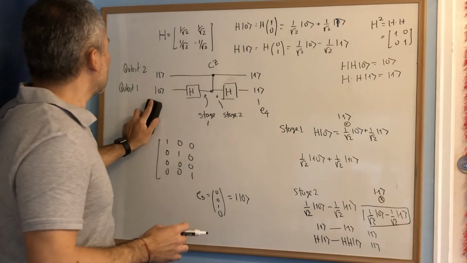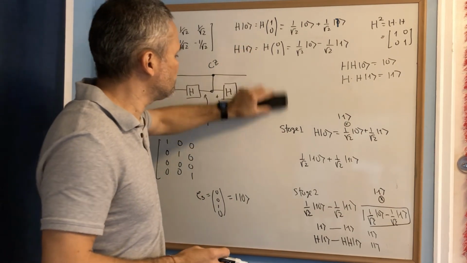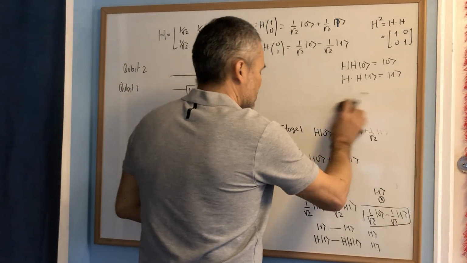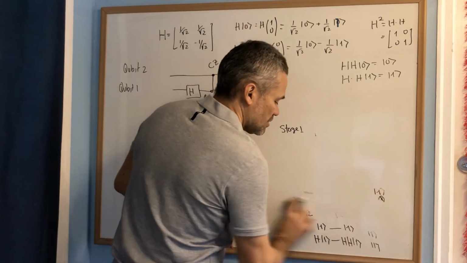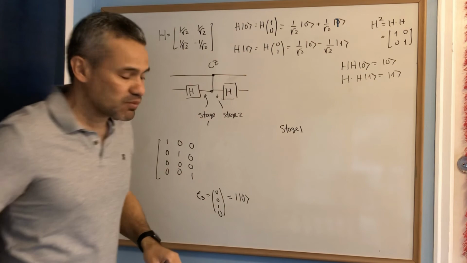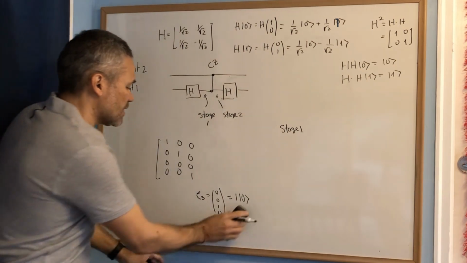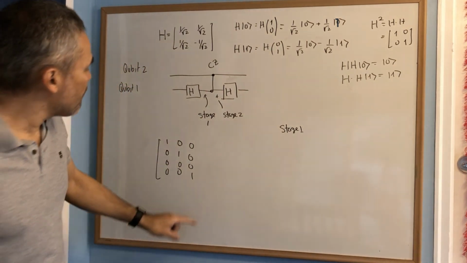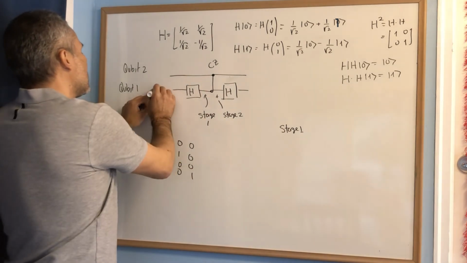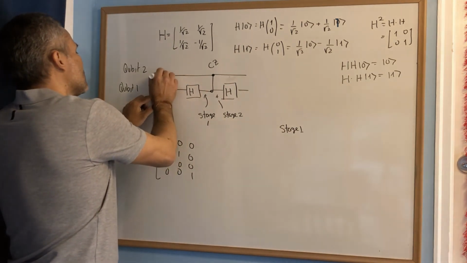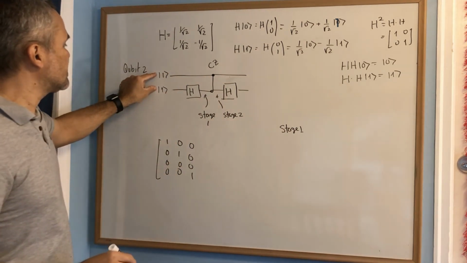Finally, let's do the last one. Let me erase all of this. For the last one, we need to find out what is the action on E4. But E4 is given by this combination of these two states.